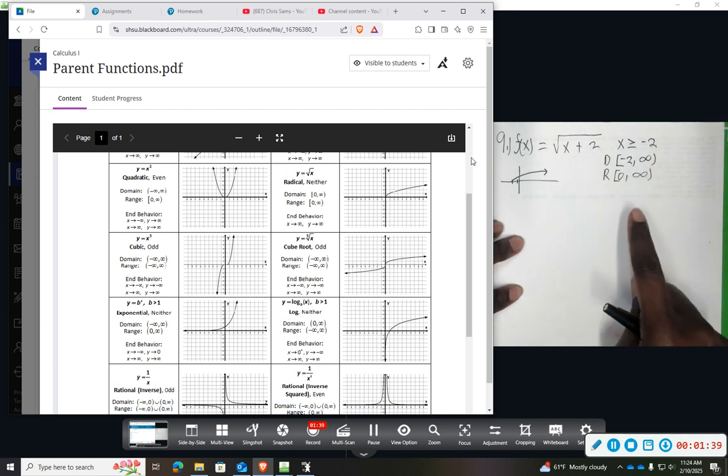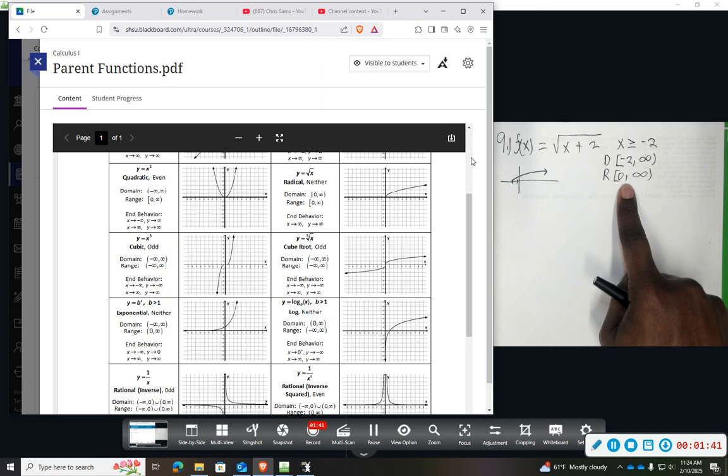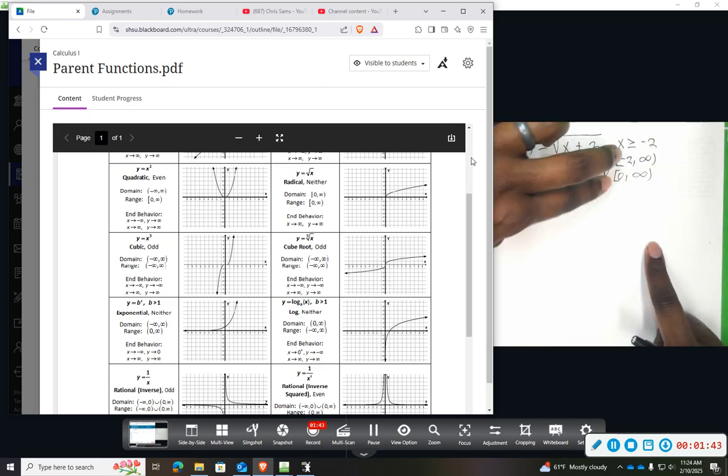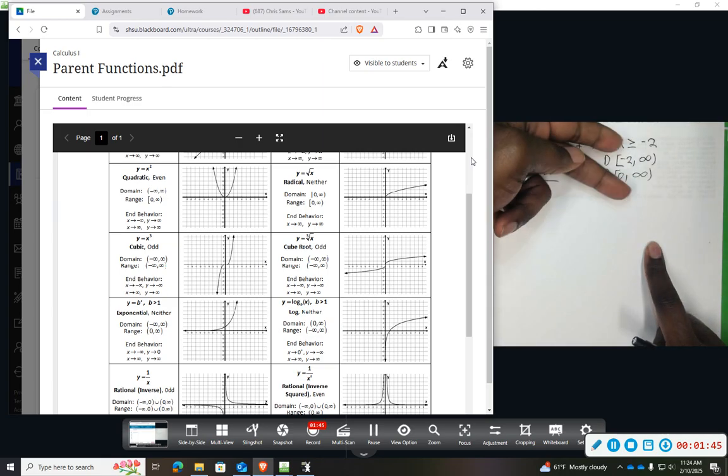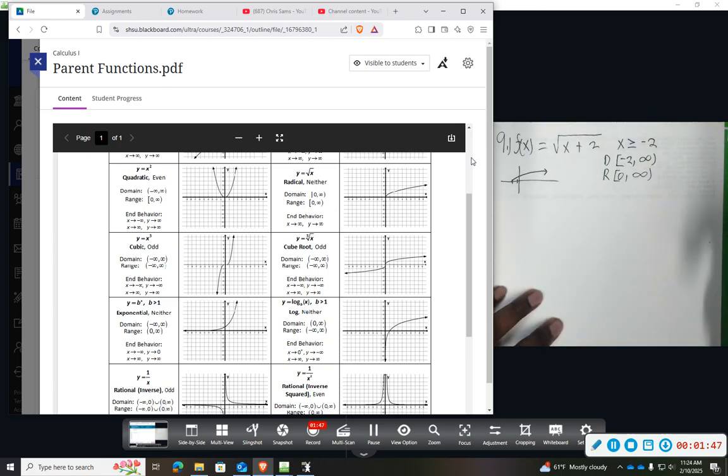Now, when we do the inverse, we already know that the domain and range are just going to flip-flop. So we're going to say domain of f inverse and the range of f inverse. We know those will just be the reverse of these two.